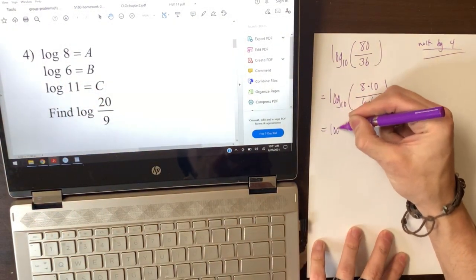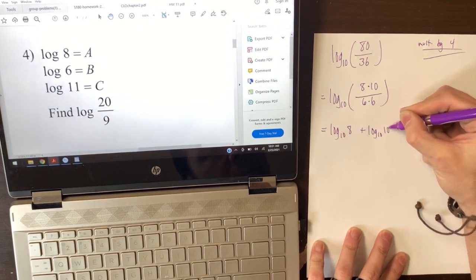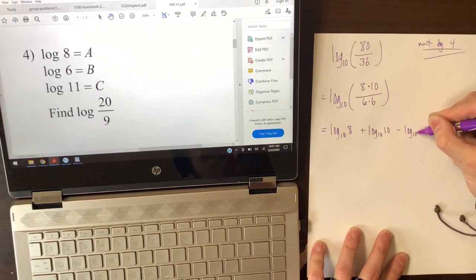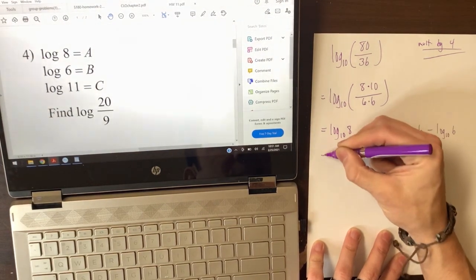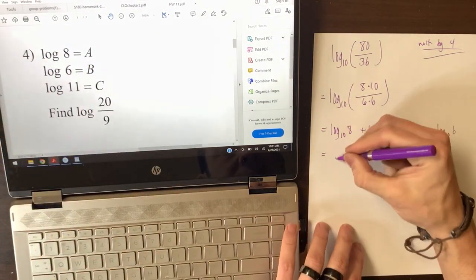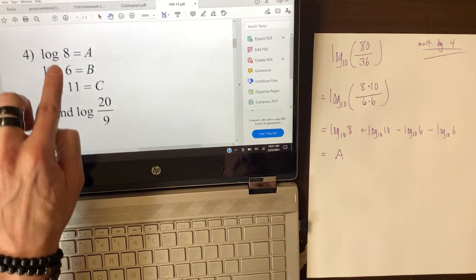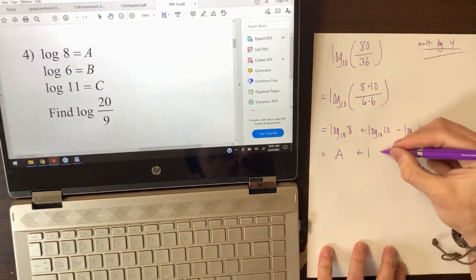And if we now expand this expression, this is what we should get. Minus log base 10 of 6 minus log base 10 of 6. And we have something for everyone. Log base 10 of 8 is a, because again, all these logs have invisible bases of 10. Plus 1, because that's log base 10 of 10, which is 1.